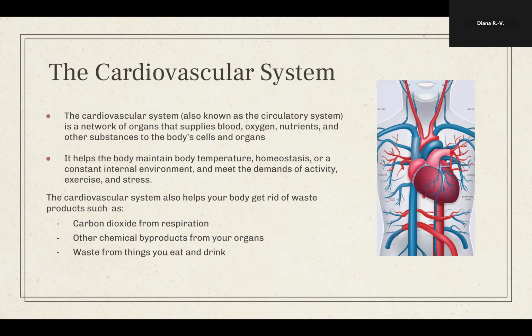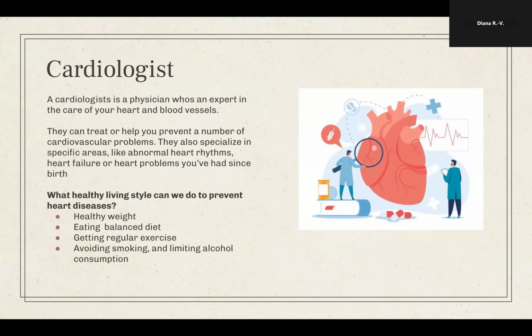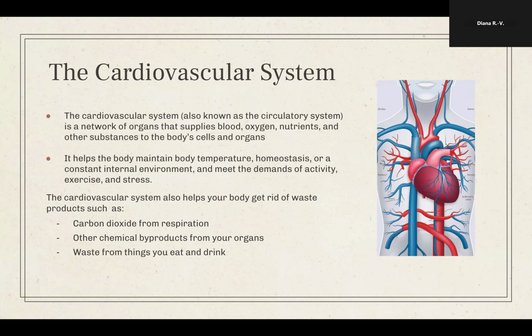The cardiovascular system helps get rid of waste products from the body, including carbon dioxide produced during respiration, chemical byproducts from various organs, and waste from foods and drinks. By supporting these functions, the cardiovascular system plays a key role in keeping our bodies healthy and balanced.